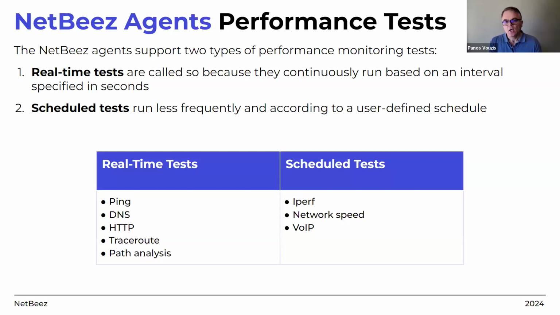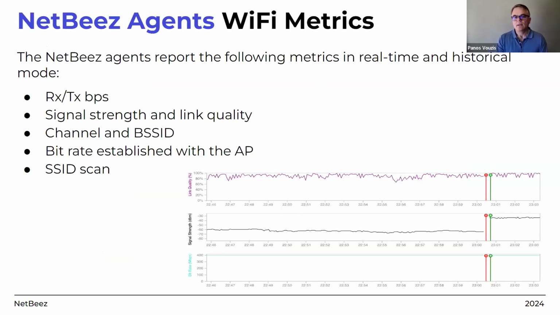And then on the Wi-Fi side, the metrics we capture are how much traffic is going in and out of your Wi-Fi interface, signal strength, link quality, and what bitrate has been negotiated with the access point. You also have the ability to do an SSID scan around the sensor to understand what the RF environment looks like.